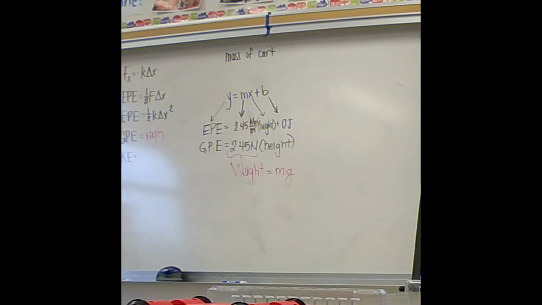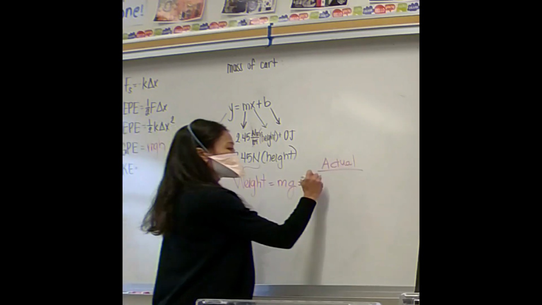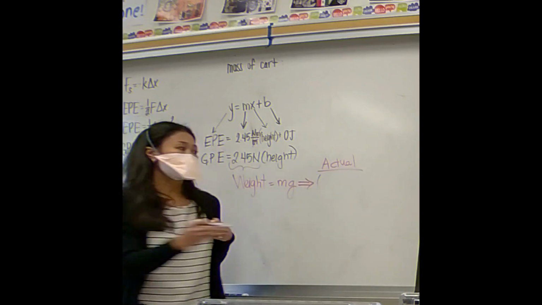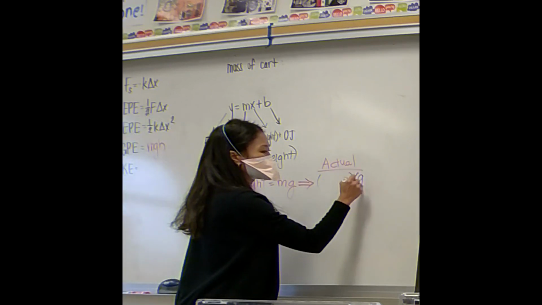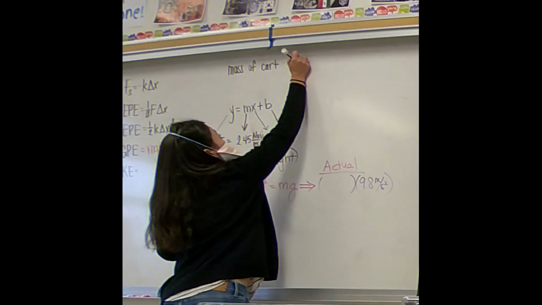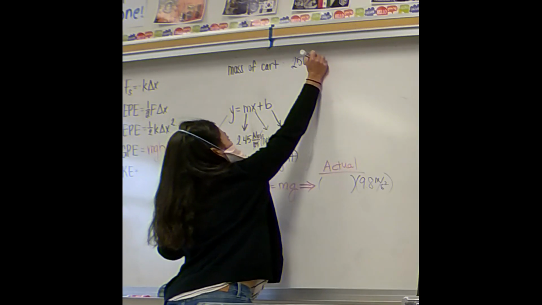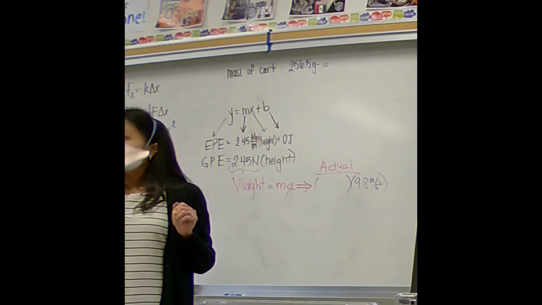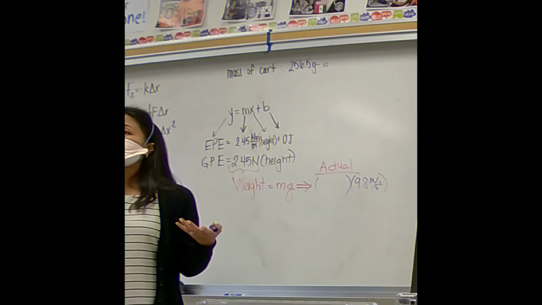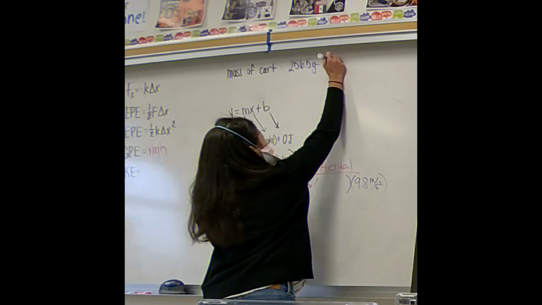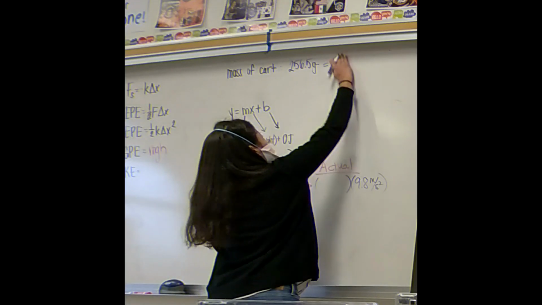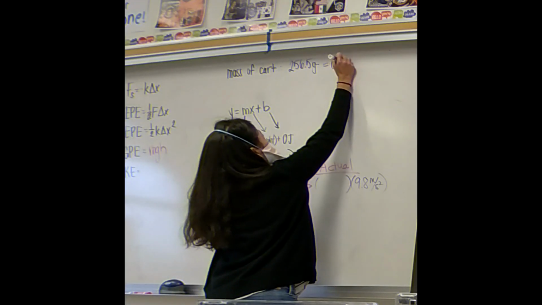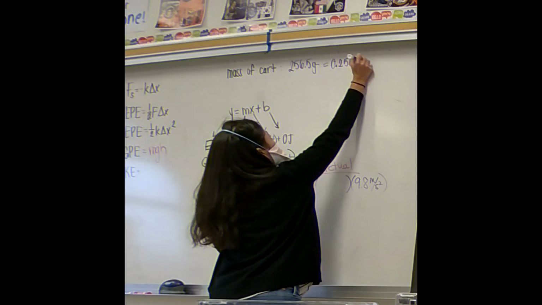So, let's actually check our data. For those of you with a calculator, I want you to multiply the mass by 9.8. The mass is 256.5 grams. If I'm going to convert this to kilograms, what do I need to do? Multiply by 0.001, or divide by 1,000, or move it over 3 decimal places. So I get 0.2565 kilograms.